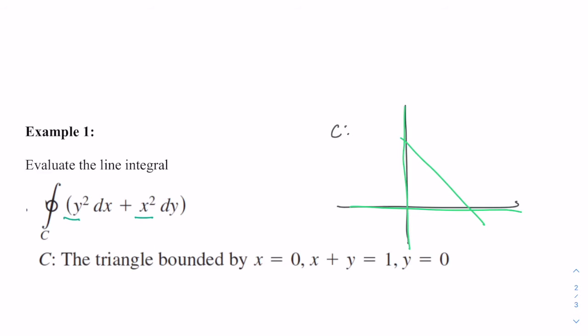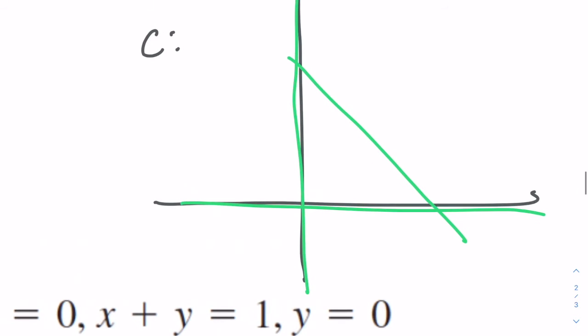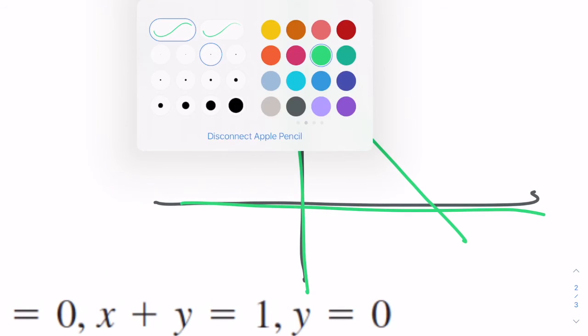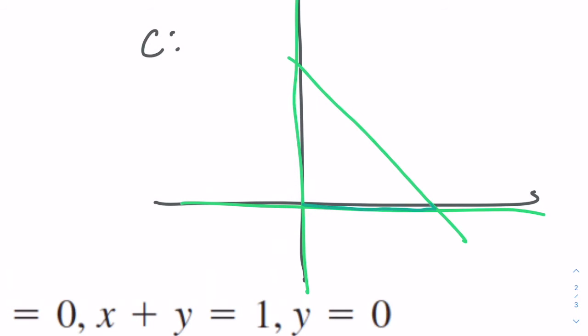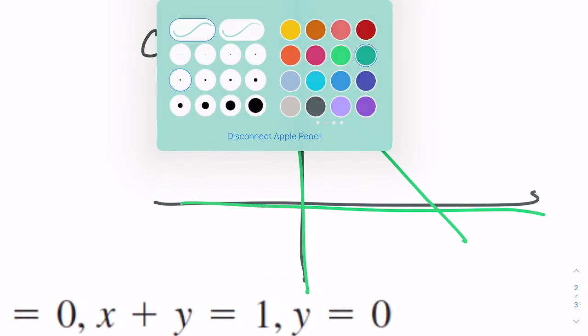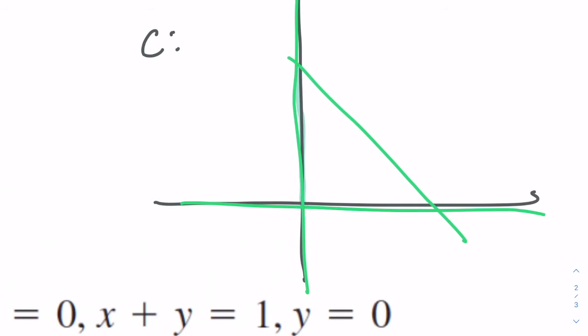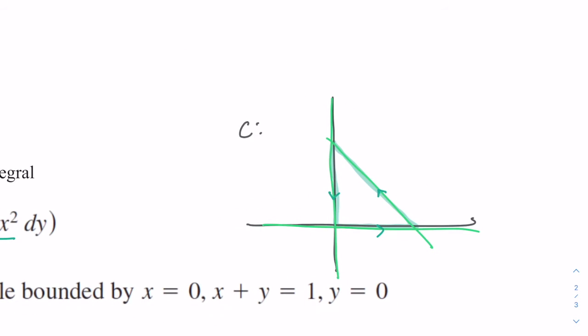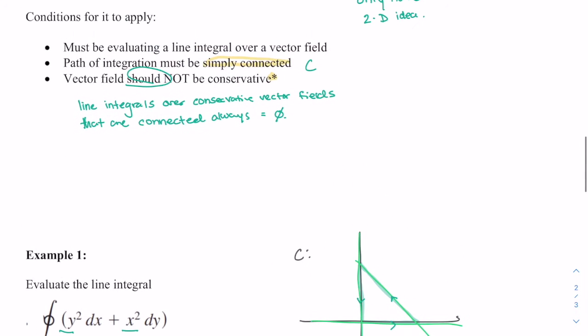Okay, so the path C is this path right here. Let me do it in a highlighter. Here is our path of integration C. So yes, that does look like it's simply connected.